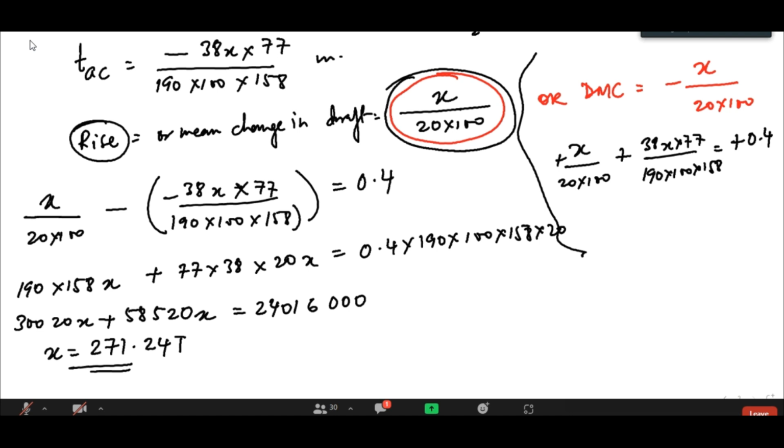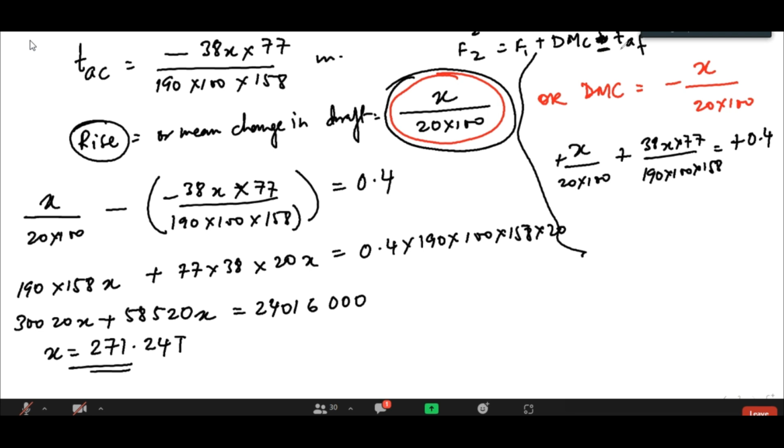A2 is equal to A1 plus DMC plus TAC and F2 is equal to F1 plus DMC plus TAF. These are the formulas which are very very clear, straightforward. Sorry. DMC अगर मतलब अगर rise होगा तो DMC minus हो जाएगा ना फिर? The answer will be in minus, but the formula doesn't change.